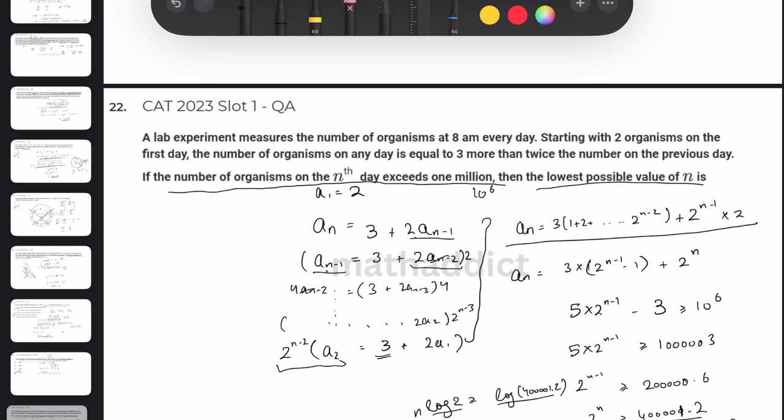Okay, so log this upon log 2 comes out to be approximately 18.6, so n should be greater than or equal to 19. So the answer is 19.